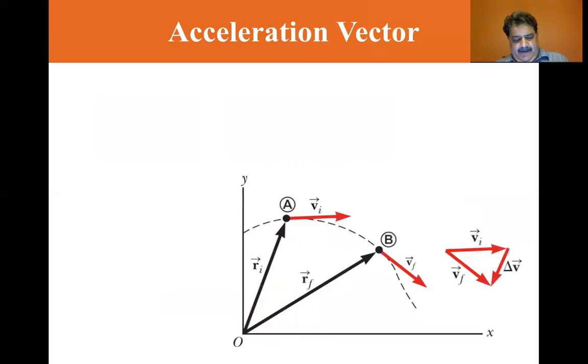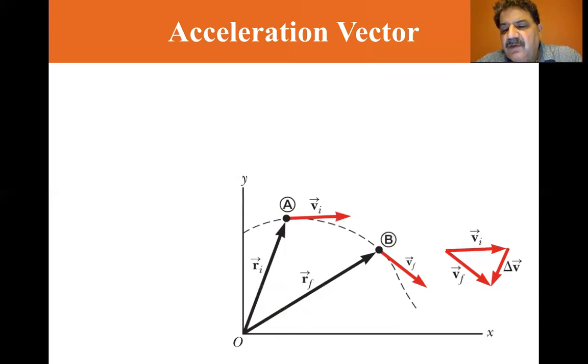Okay, the acceleration. As a particle moves from one point to another along some path, the instantaneous velocity vector changes from v initial at time t initial to v final at time t final. Knowing the velocity at these points, we can determine the average acceleration of a particle.